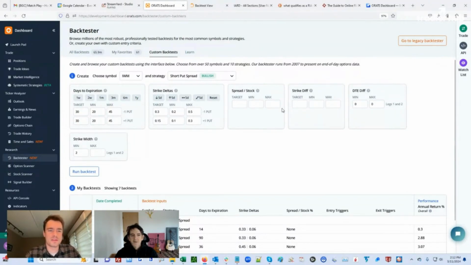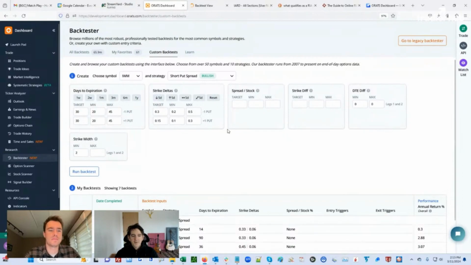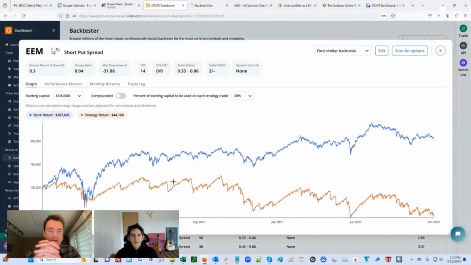And one of the other benefits of this one is you get all the improved backtest details. We have that very detailed trade log that you can see for each backtest, the performance metrics, the graph of returns, and the monthly returns as well. Right. So you can see all those in that nice display right there.